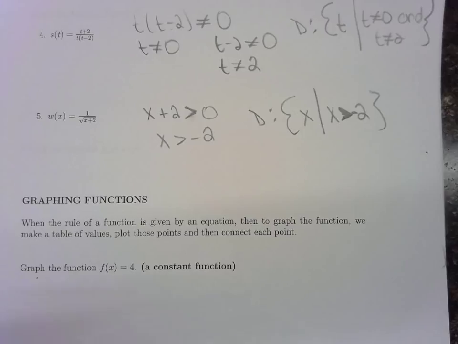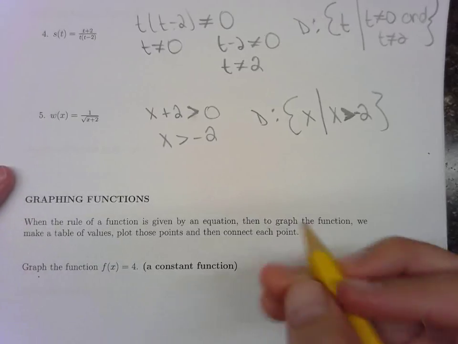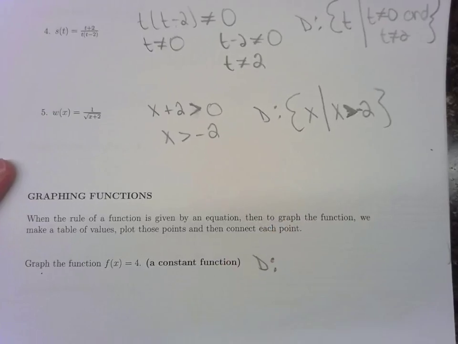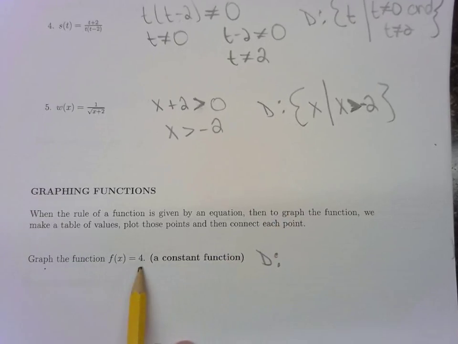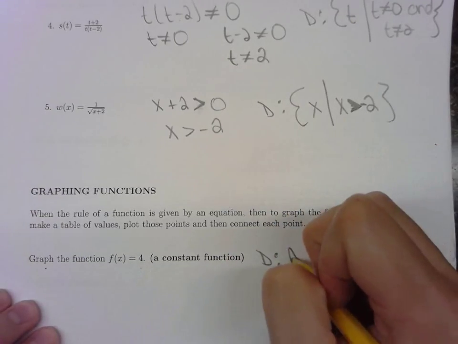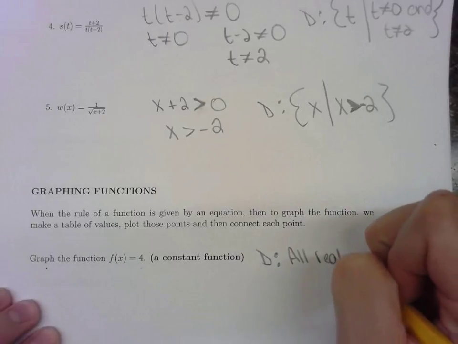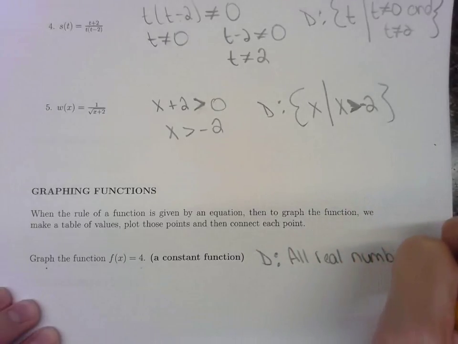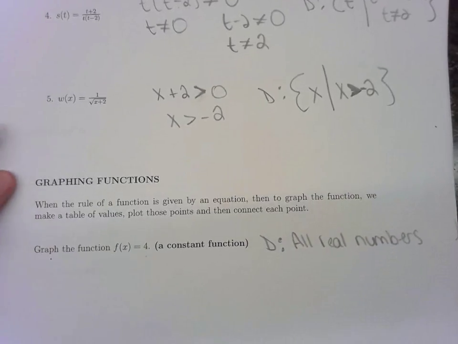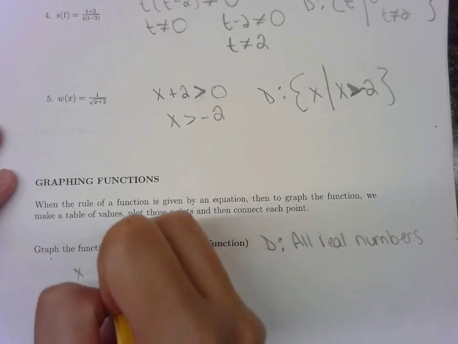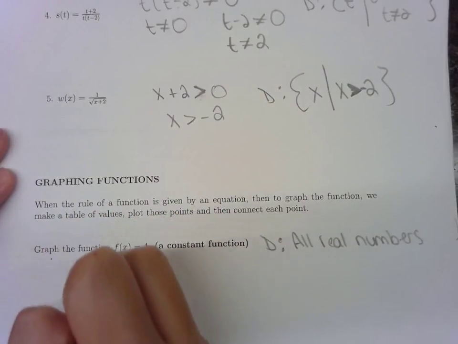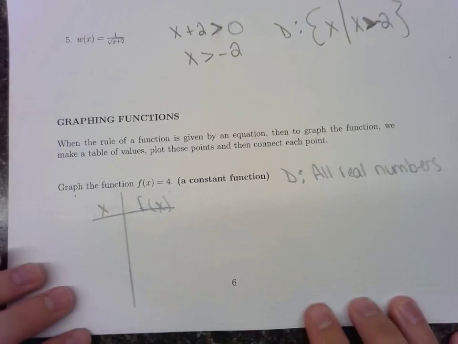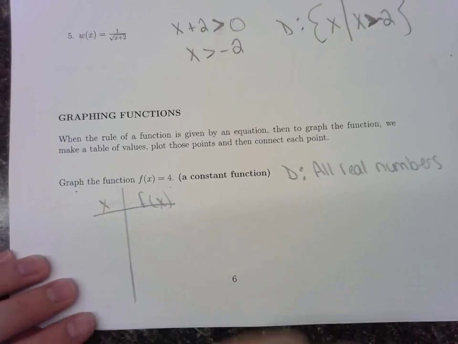First, before you ever graph, you need to find your domain. This one doesn't have a fraction, doesn't have an even root, so the domain would be all real numbers, meaning you can choose anything for your input, you're going to have an output. When I can choose anything, most of the time for my inputs, I do some negatives, I always do 0, and I do some positives.